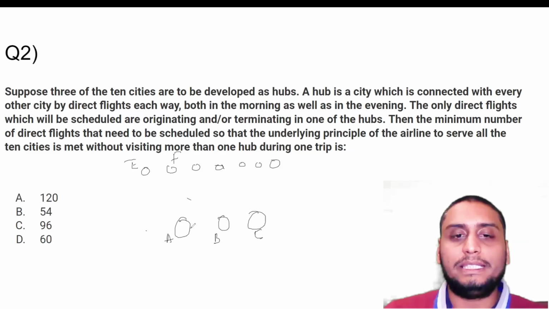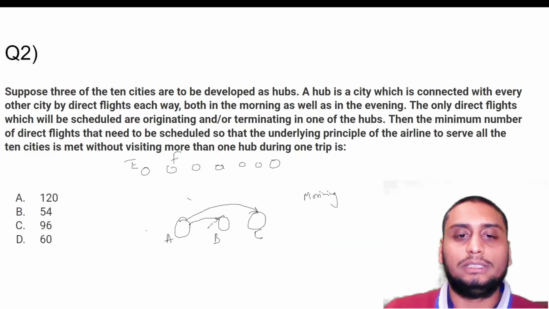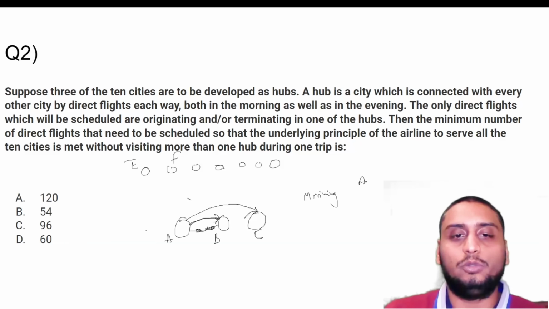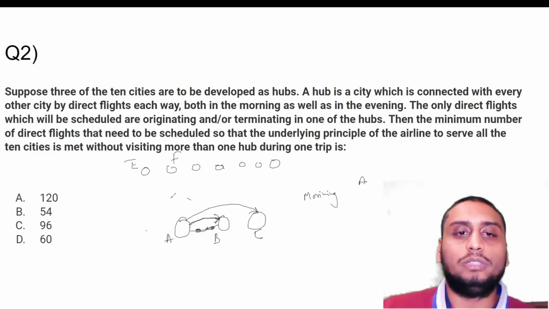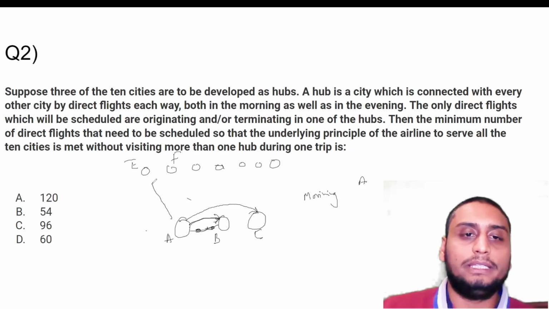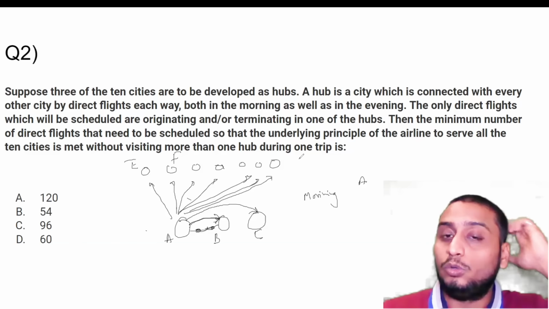So within A, B, C, let's say I'm only talking about the morning. There would be a flight from A to B, and a flight from A to C. Originating from A in the morning would be two flights, to B and C. Also from A, you can go to these other places, so there would be seven flights from A to these places, because you have to only go to one hub.